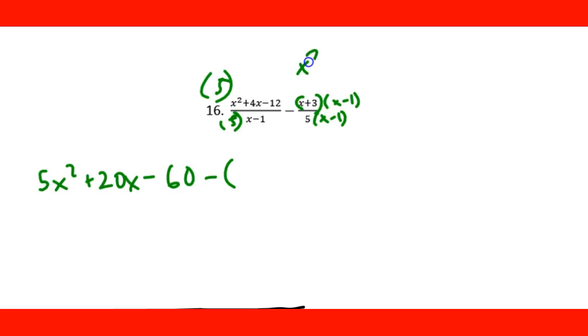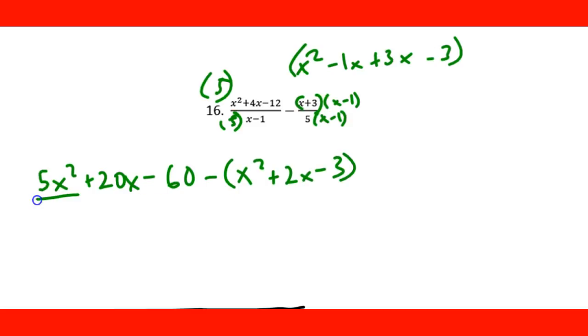So that's x squared minus 1x plus 3x, minus 3. So that simplifies to give us x squared plus 2x minus 3, all over 5 times x minus 1.